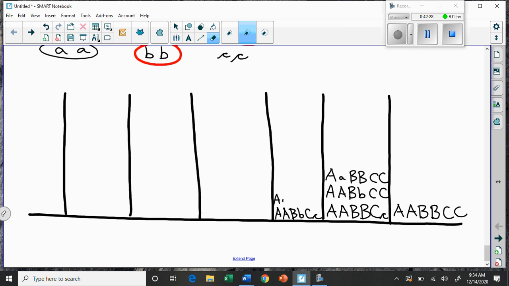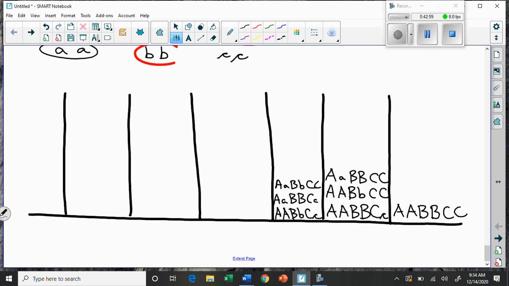I'm trying to squeeze it all in, so it's kind of tricky. A, little a. We could have 2 capital B's, and then a C and a little c. Or we could have 2 capital C's. So we could have an A with a little a, B with a little b, and 2 capital C's.